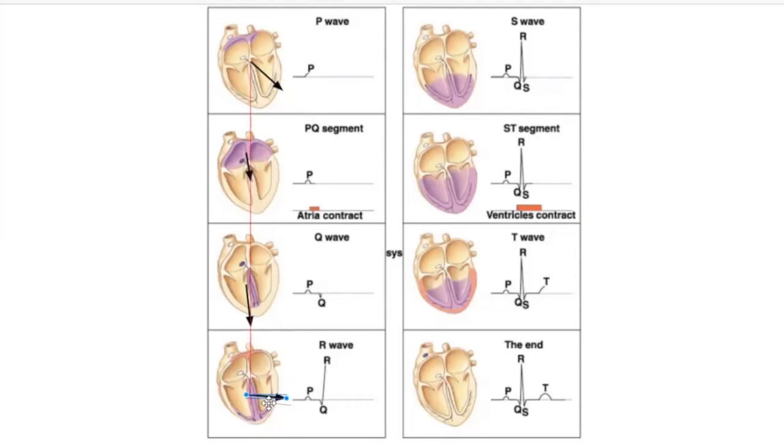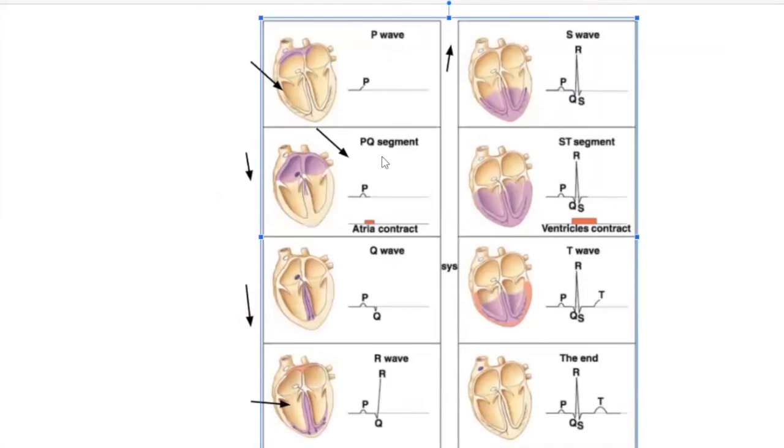Eventually, as we get a little farther, they're going to start pointing up as we start activating up the ventricles. We're looking through a slice here, so it's kind of hard to see, but we've come down the septum, and now we're going up the walls of the ventricles. Then once again we're going to get towards the end of the QRS here.